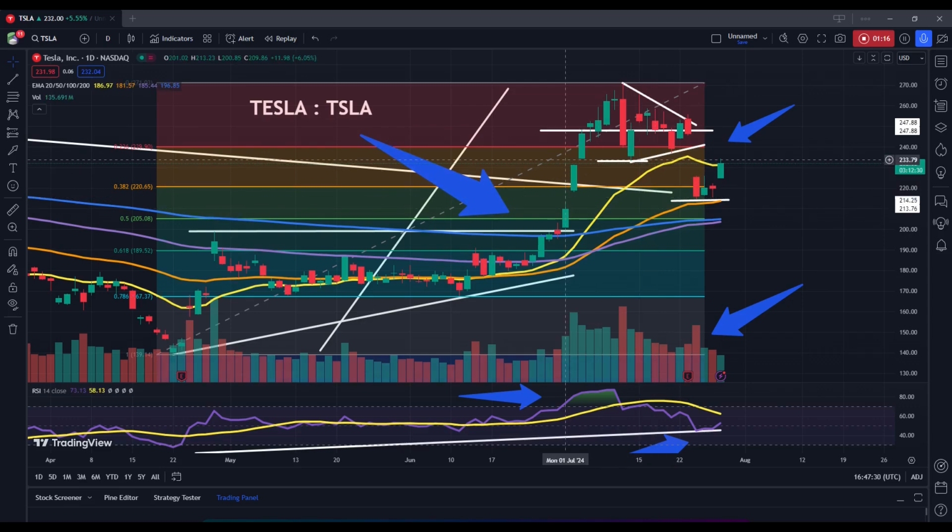We can't say that at the moment because a bull flag pattern would have to break out to the top side. But if we see a downside movement here, it's going to invalidate the pattern, and it's going to suggest that those projections are not likely or probable.